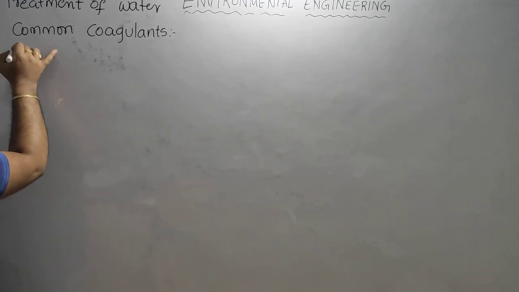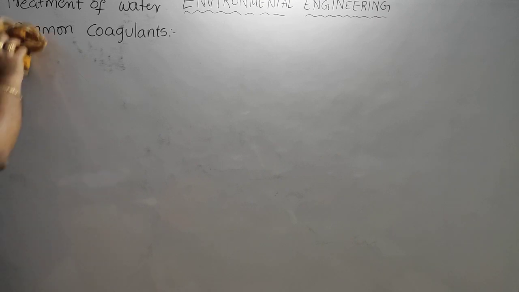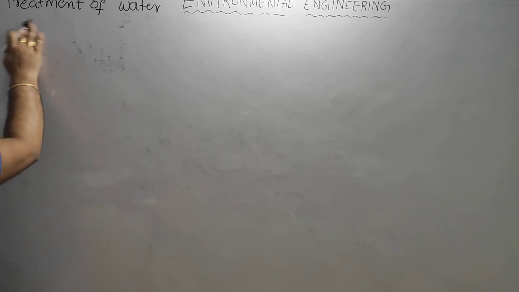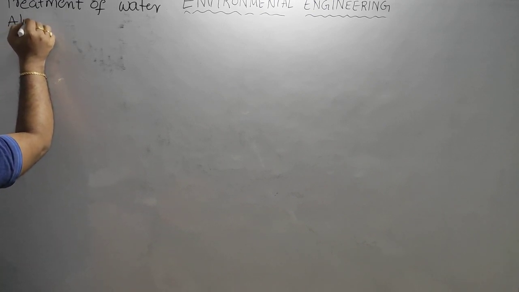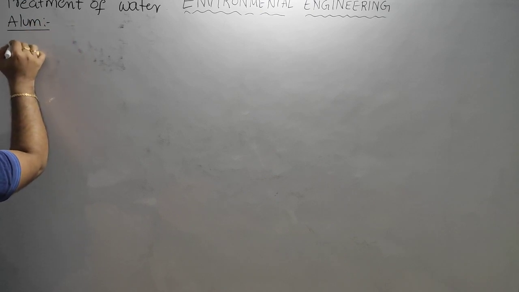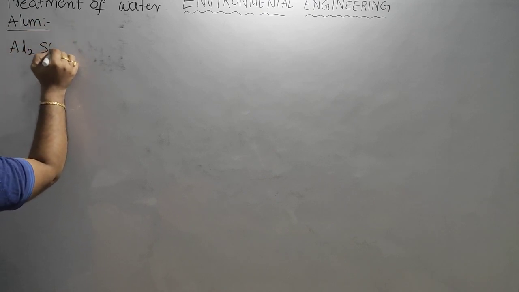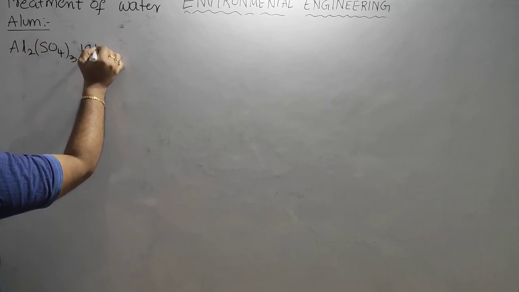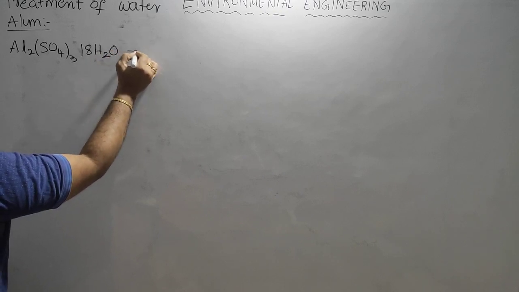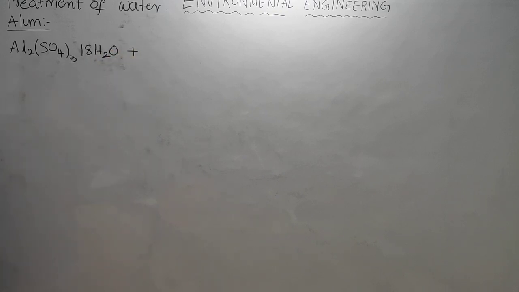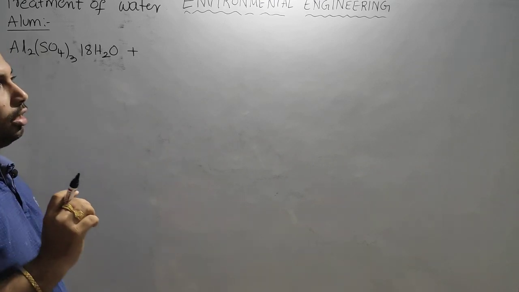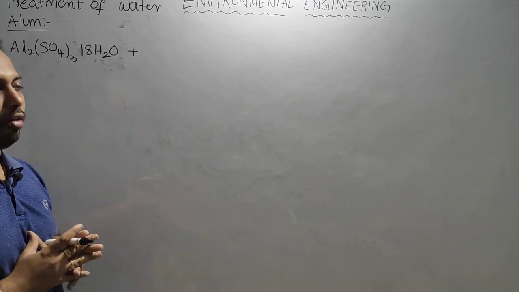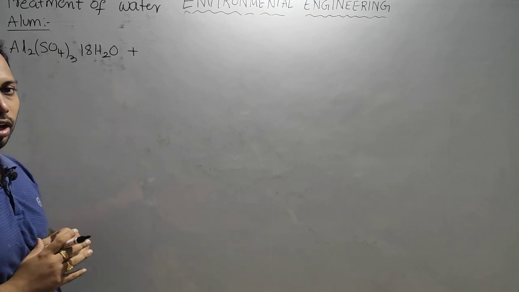So alum, Al2(SO4)3·18H2O plus water. We have seen the aquametallic cations which are formed when we add this alum to water.